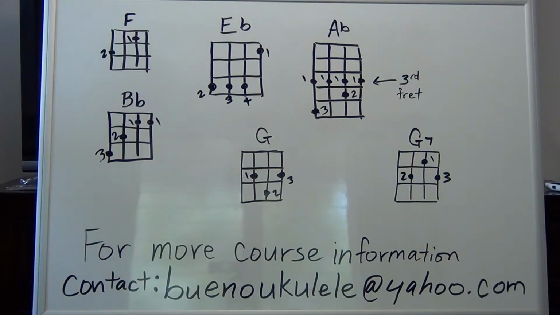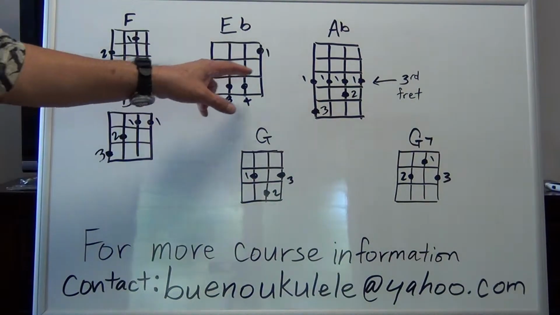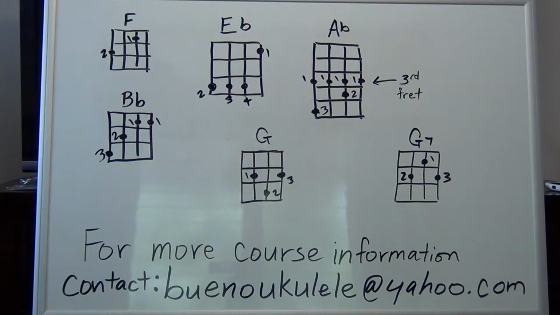But once you have these chords down, the E flat and the A flat, and not to mention being able to play your B flat, you would be able to play the entire song, including the bridge. Try this several times. I know these chords are quite difficult, so take as much time as you need, and when you're ready, we'll see you at the next lesson.